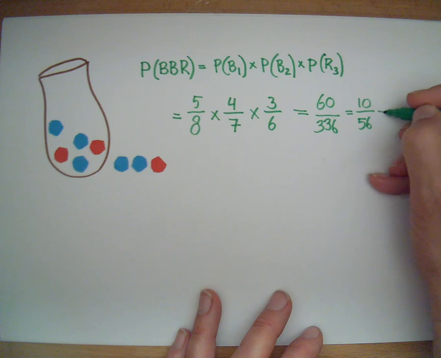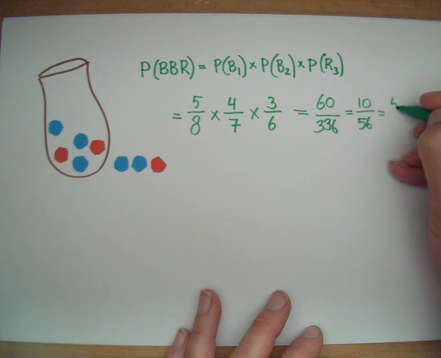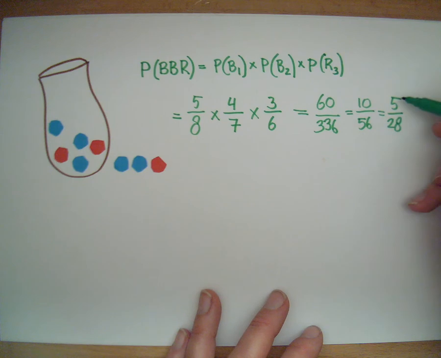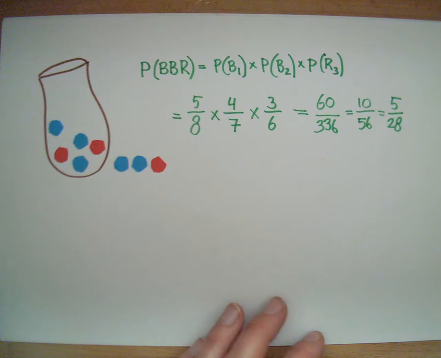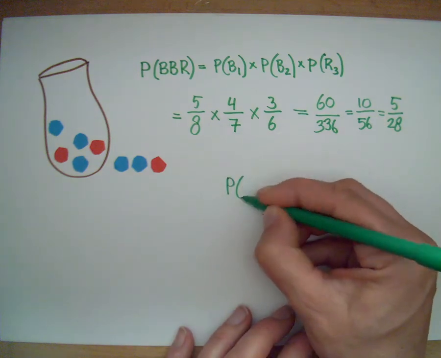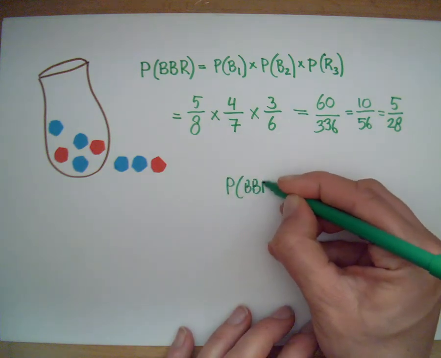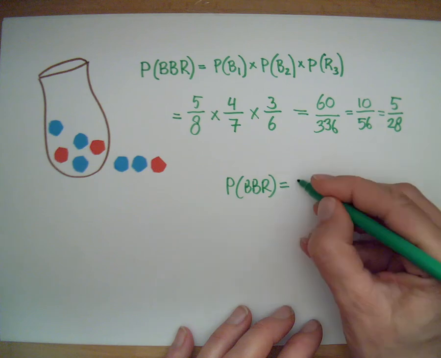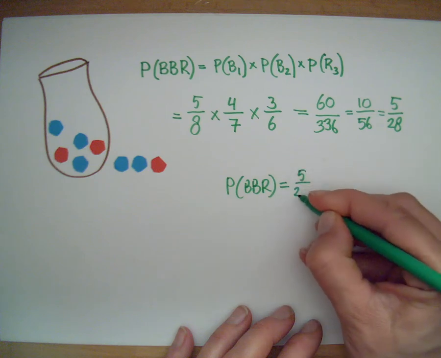I can divide both by 6. 56, yes. They're both even, so I can divide both by 2. Let's do that. And that's about as simplified as it gets. All right, so the probability of getting blue, blue, red is equal to 5 out of 28.